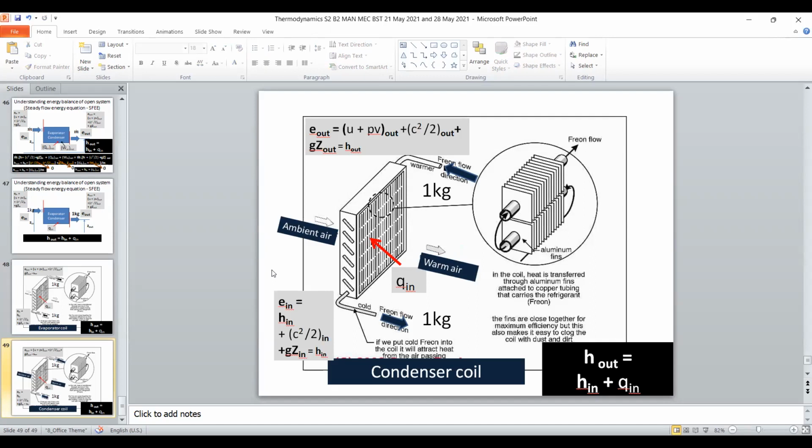For this case, see, the ambient air becomes warmer and goes out.